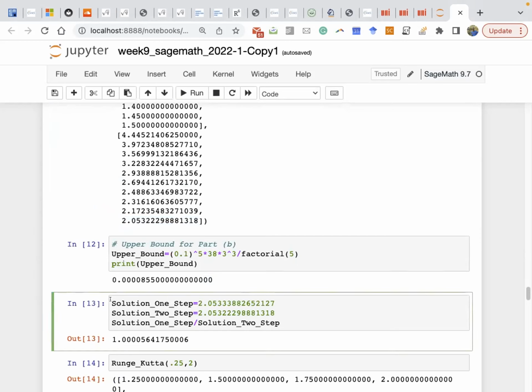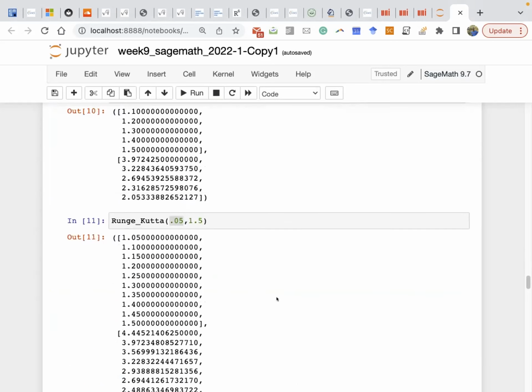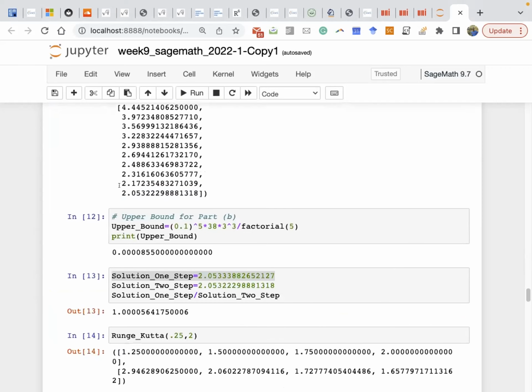Now, the solution in one step is this one, if you remember. I just copied it from here. The solution with twice finer step size is this guy. I have written it here. I just copied and pasted here. So if I divide them together, I will see a 1. So it means the step size 1/10 is already good enough.